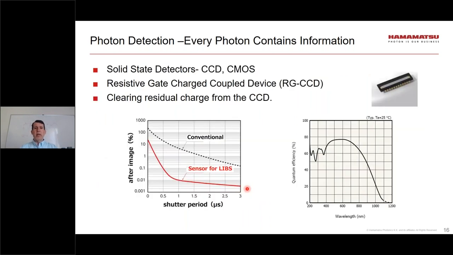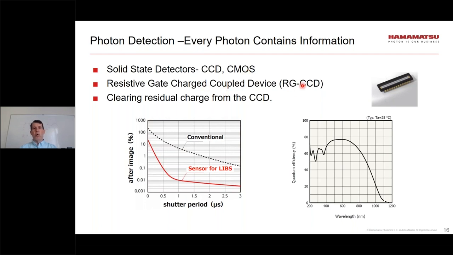More recently, and advancing the technology to be more portable, are solid state detectors. For photon detection, it's still very important to have high quantum efficiency. Every photon counts, every photon contains information, but solid state detectors such as charge coupled devices or CMOS image sensors are really dominating the handheld market these days.